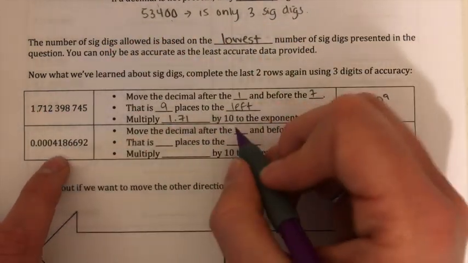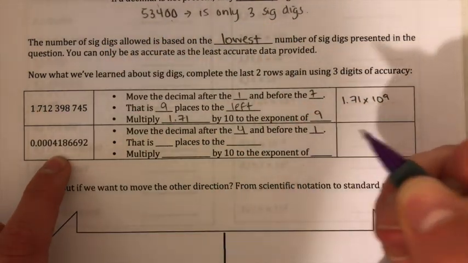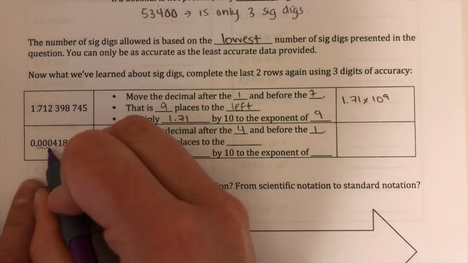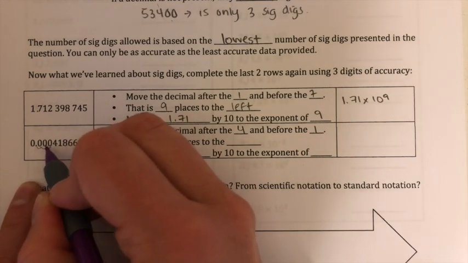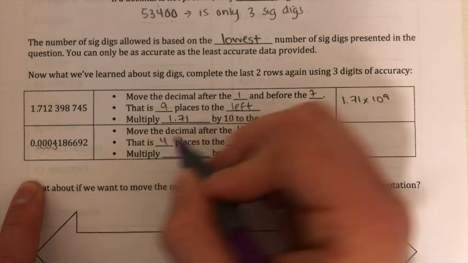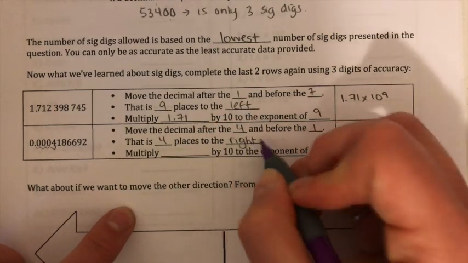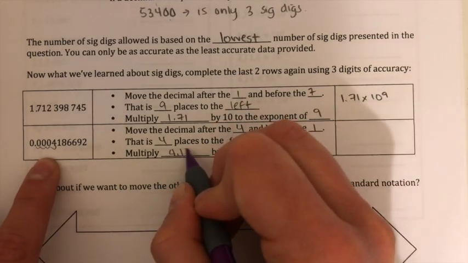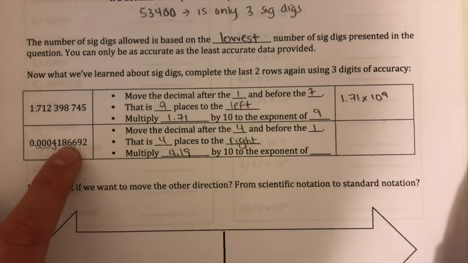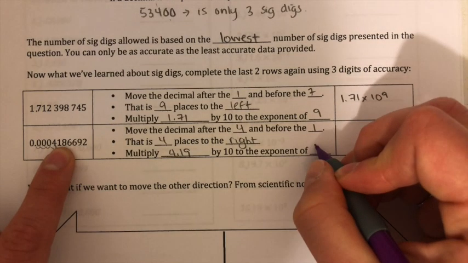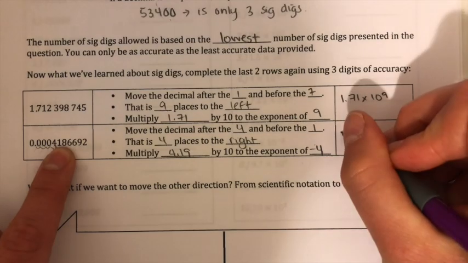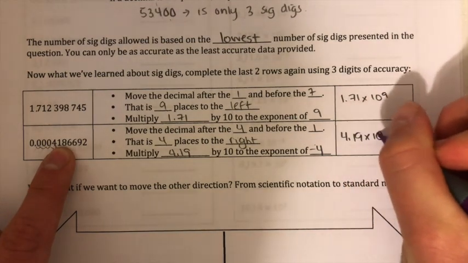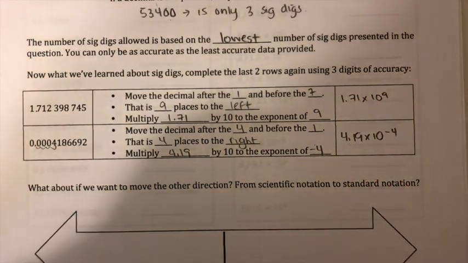We're moving the decimal after the 4 before the 1. So that's 1, 2, 3, 4 places to the right. So then it's going to be 4.19 if we round that properly, because that 6 would round that 8 up, times 10 to the exponent of negative 4. So 4.19 times 10 to the exponent of negative 4. Okay.